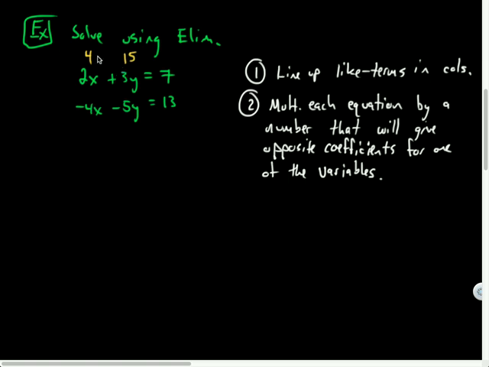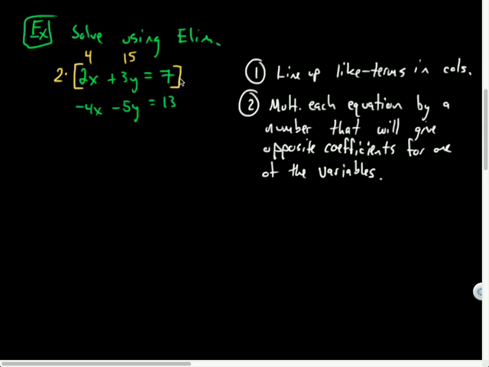They're not technically LCDs, and I'm just writing them up there temporarily so I could do that initial analysis. So now I'm going to multiply one or both of the equations by some number in order to get opposite coefficients for the x's. So what would I have to multiply this top equation by in order to get a 4x? I'd have to multiply by 2, and the whole thing is being multiplied by 2.